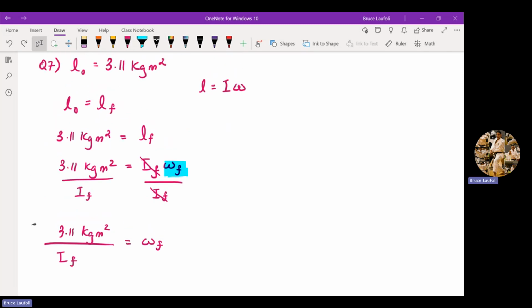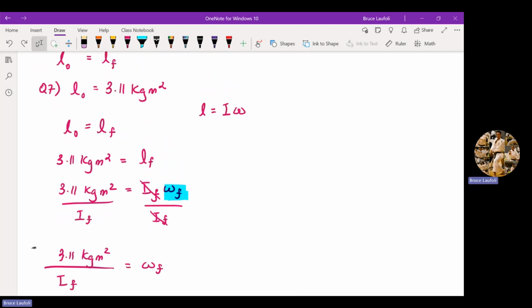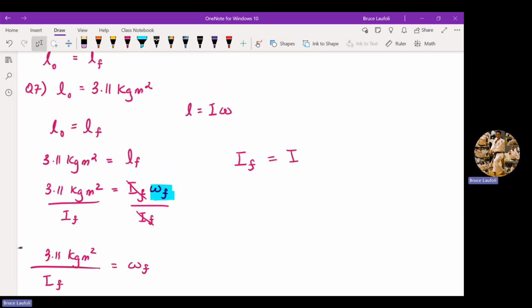We need to understand first off that in the final case, the rotational inertia for the final system is made up of the rotational inertia of the plates plus the rotational inertia of the platform that the plates are on.